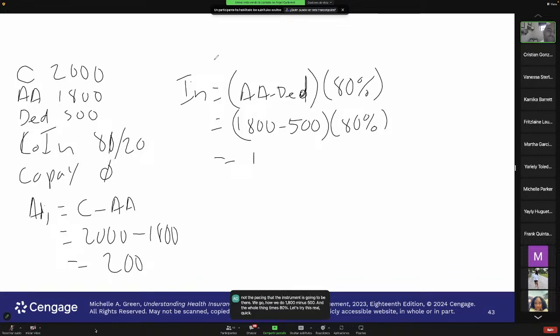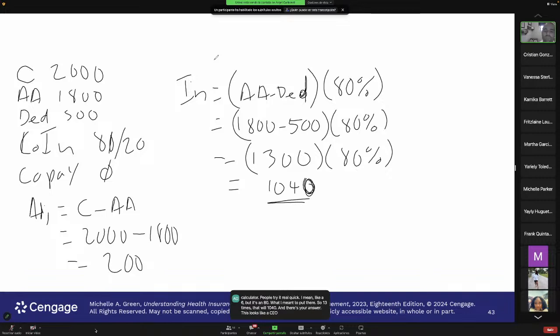This should be 13 hundred times 80%. My calculator people, try it real quick. So 1,300 times 80%, that was 1040. And there's your answer. There you go. That's your answer.